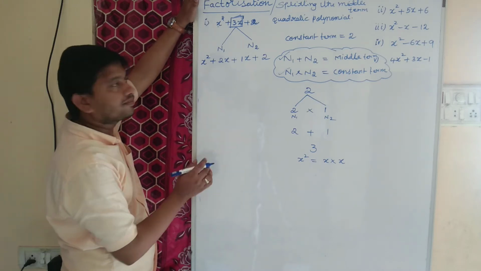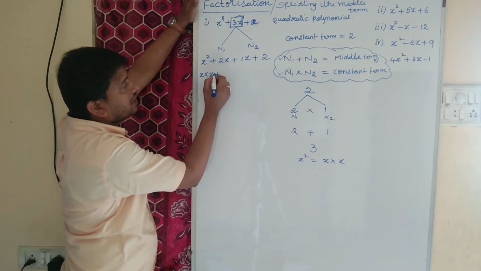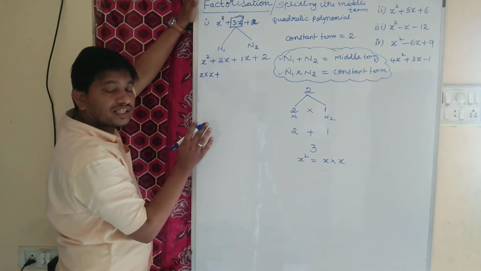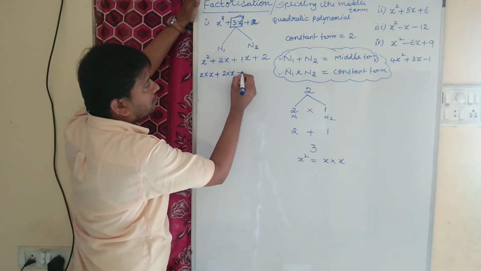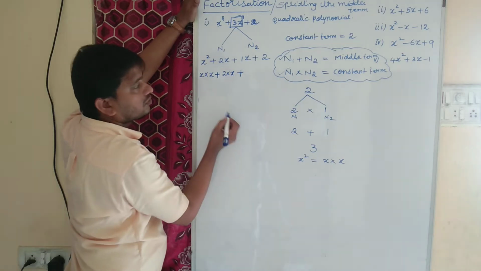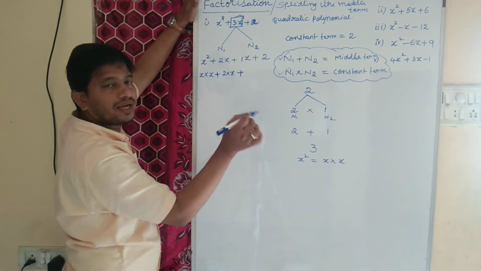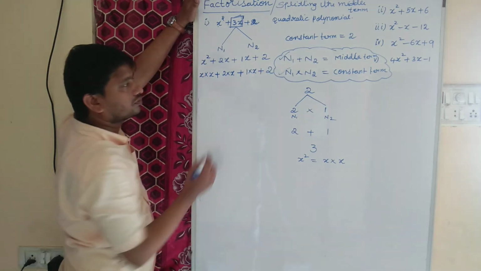So I can write x square as x into x, plus 2x, meaning 2 into x, plus 1x, meaning 1 into x, plus 2. Is it clear?